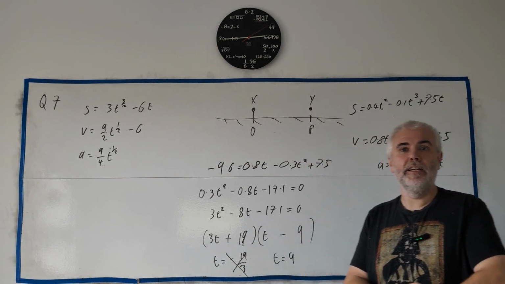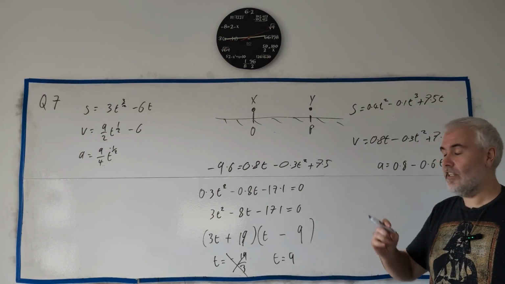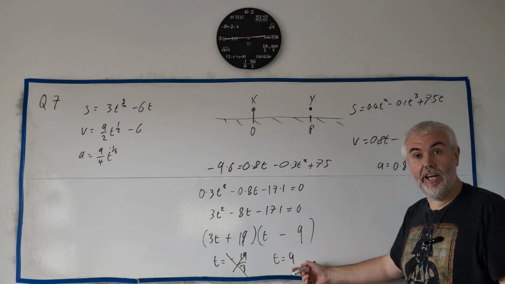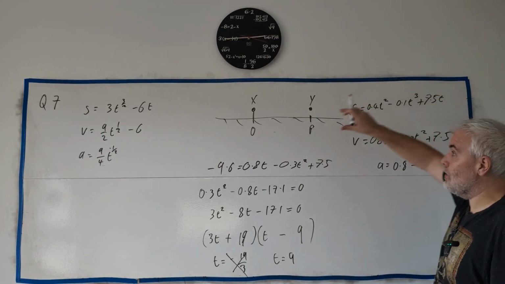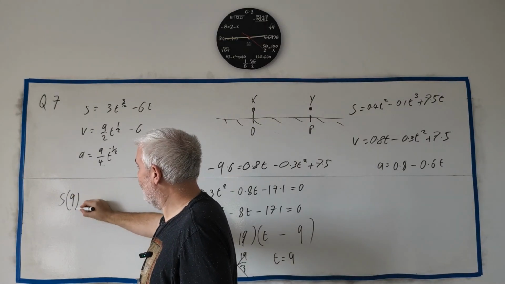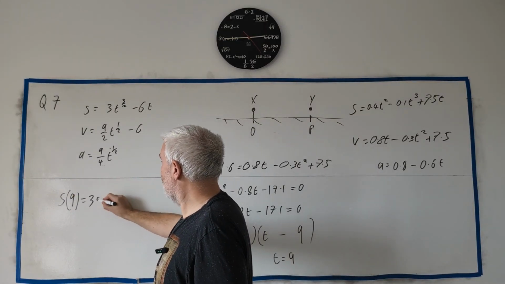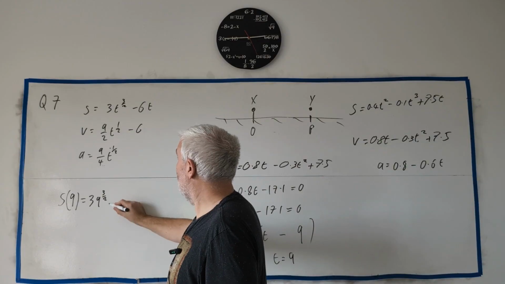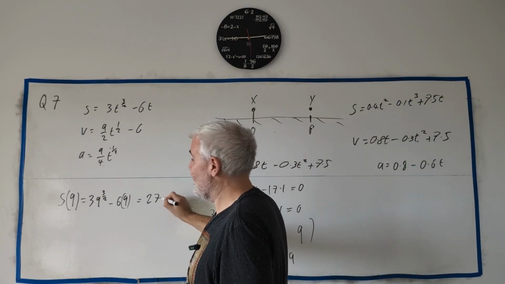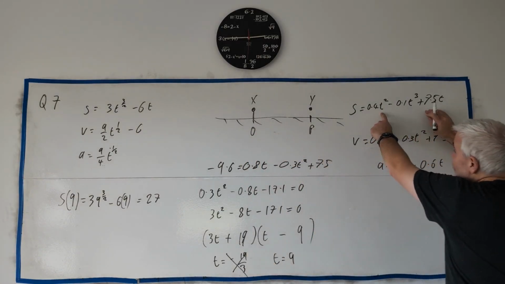They told you the velocity. They're asking us questions about the displacement. We figured out the time, so now we can go to the displacement of both of them. So over here, the displacement after 9 seconds is equal to 3 times 9 to the power of 3 over 2 minus 6 times 9, which is equal to 27. We can go to this displacement.